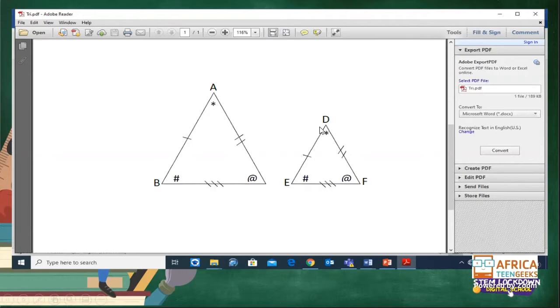If you look at angle A, that is equal to angle D. If you look at angle B, which is hashtag there, it's equal to angle E. If you look at angle C in the first triangle, that is equal to angle F. So yes, the two triangles are similar.